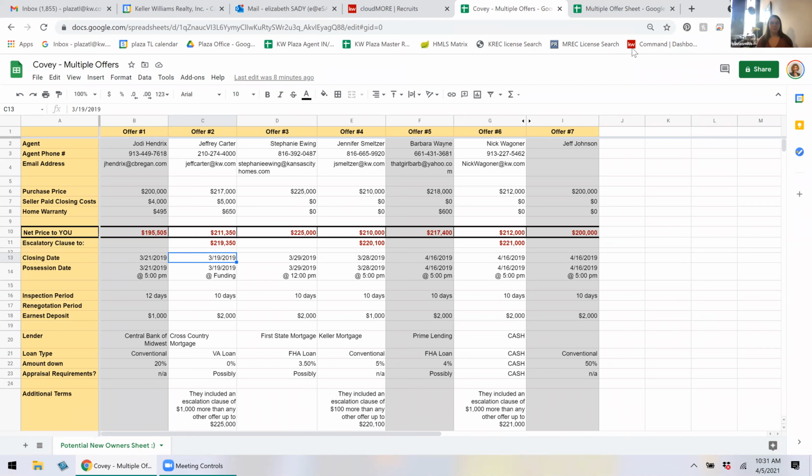Okay, so in that case, if it is someone who said, hey Elizabeth, we're going to play it by ear, I never made a big deal out of how much harder that made my job. But often in that case, and in any of the cases, I typically would update this spreadsheet as the offers came in.